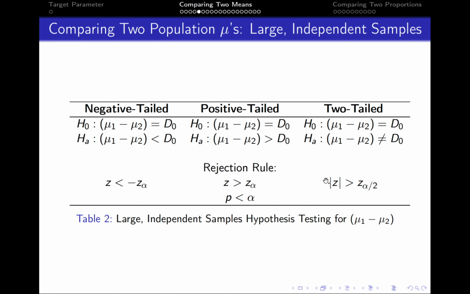And as for the two-tail test, the null hypothesis is rejected when the estimated z-score in absolute terms is higher than the critical z-score at the level alpha over 2. We can also use the p-value to make a conclusion about the rejection and non-rejection of the null hypothesis. And we reject the null hypothesis when the p-value is lower than the significance level of alpha.